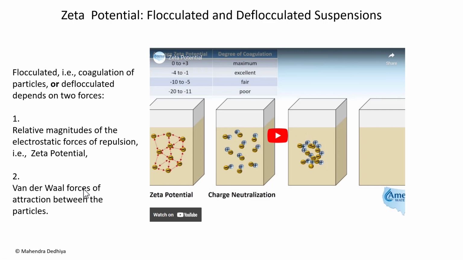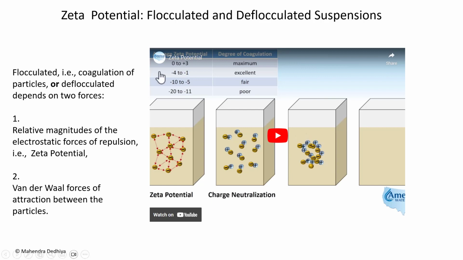Let's look further at the effect of zeta potential on suspension. Suspension particles can coagulate depending on attractive forces, van der Waals forces, or if the zeta potential is high enough, it will repel two particles coming close to each other.